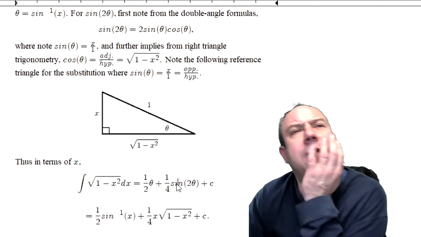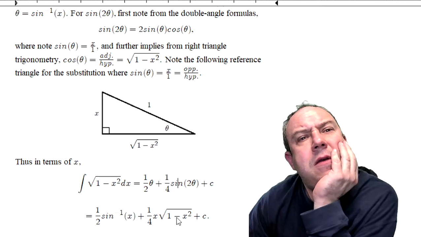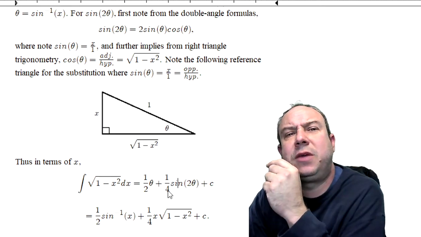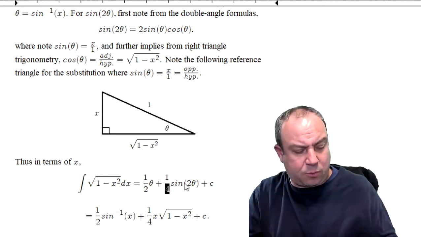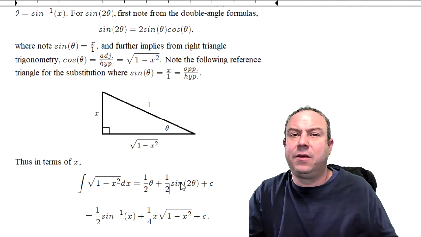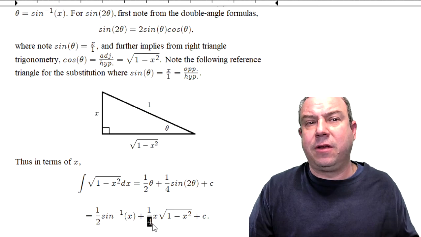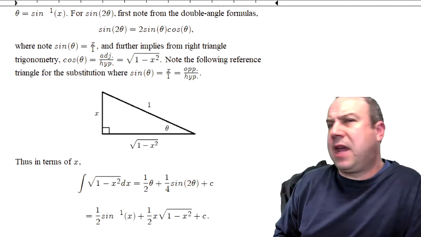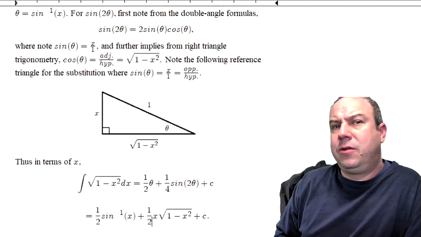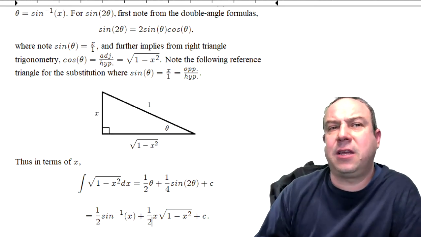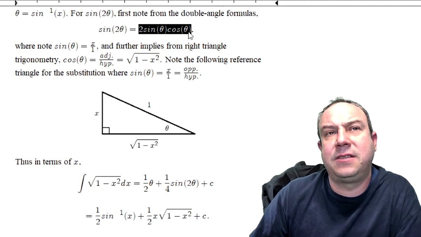Did I cancel correctly here? The sine 2 theta is going to become 2 sine. I think we need to go back down to 1/2 there. Oh, wait, that would be 1/4. But down here, that should become 1/2. Because it's going to be 2 sine theta cosine theta taking its place.